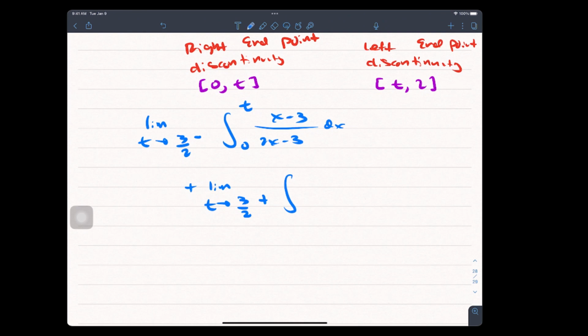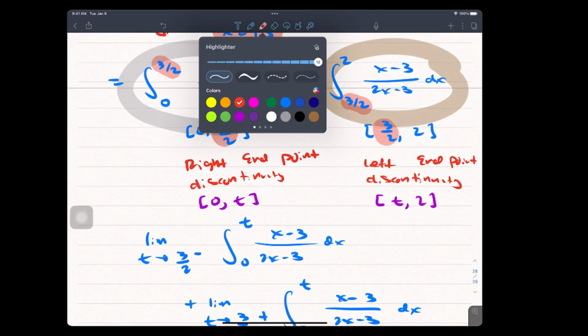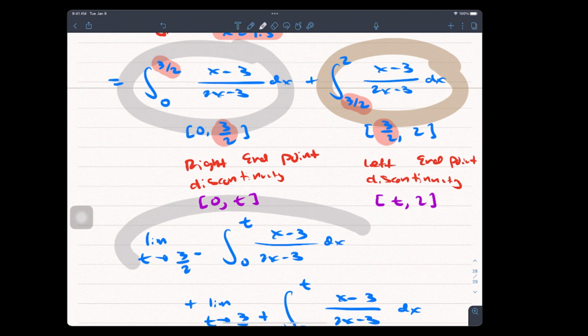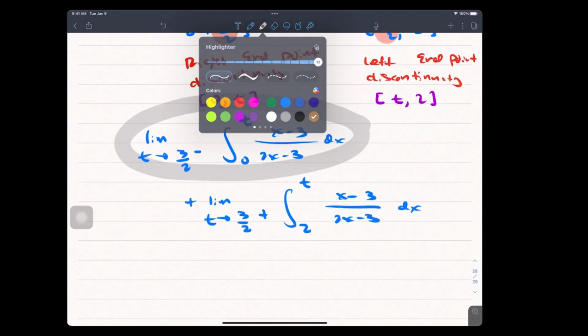Now you go from t to 2, of x minus 3 over 2x minus 3 dx. So there's going to be 2 improper integrals when you have that vertical asymptote somewhere in the interval.